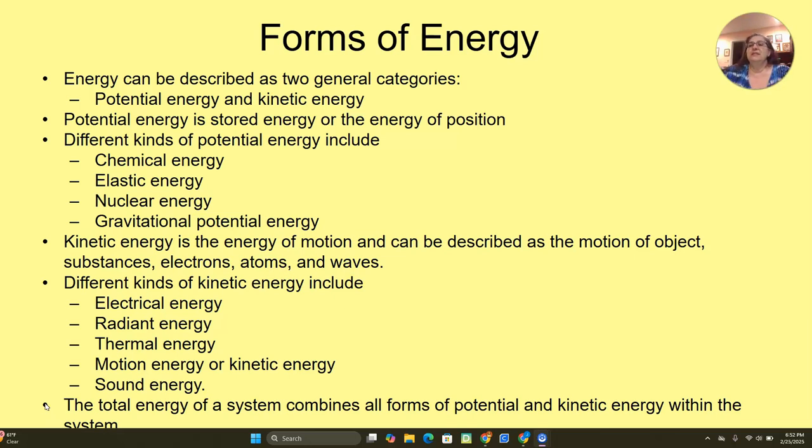So thermal energy is that energy that something has based on how much heat it has. If something is giving off heat, it's radiating heat, it's transferring thermal energy from itself to something else, and it's making that other object warmer while it is cooling off.